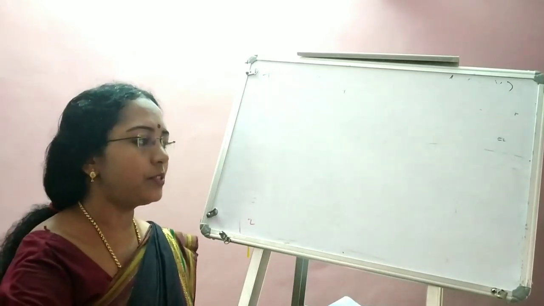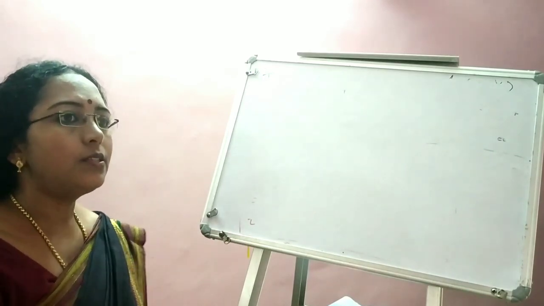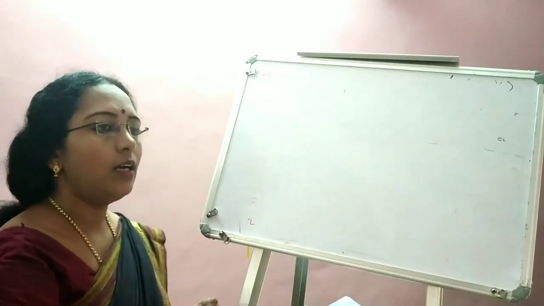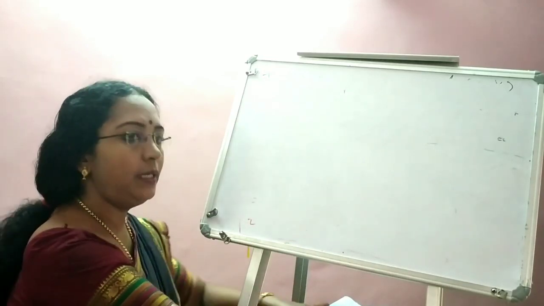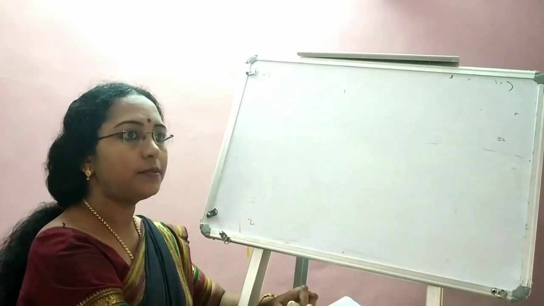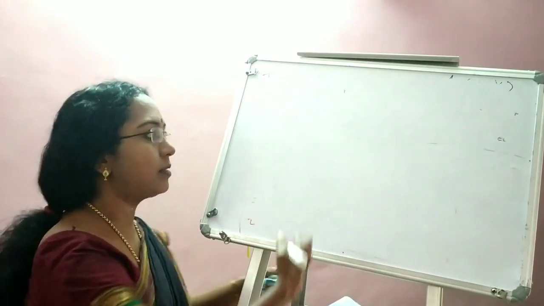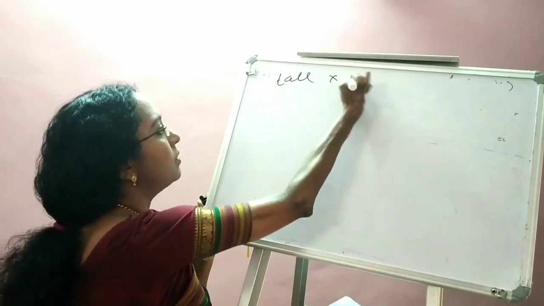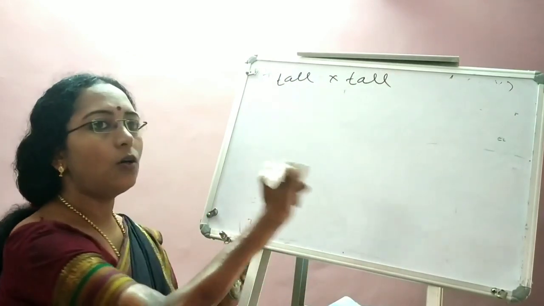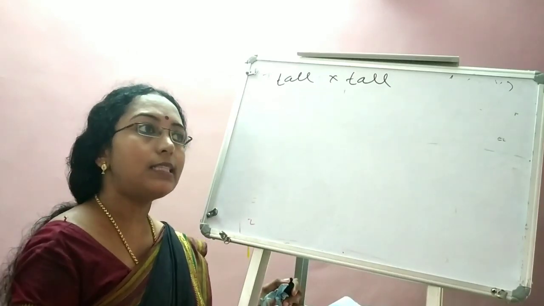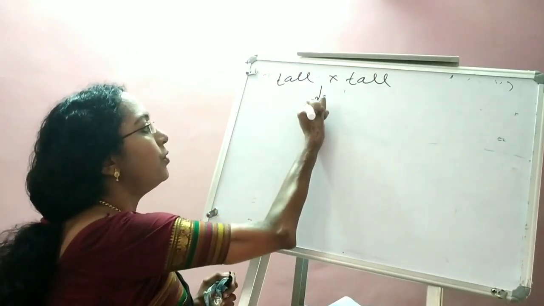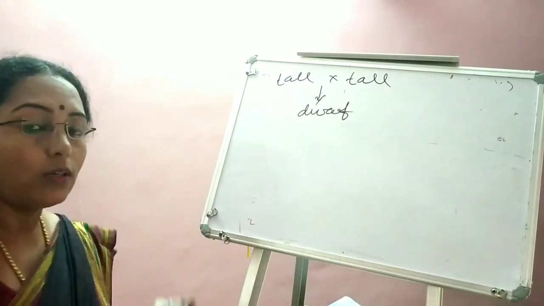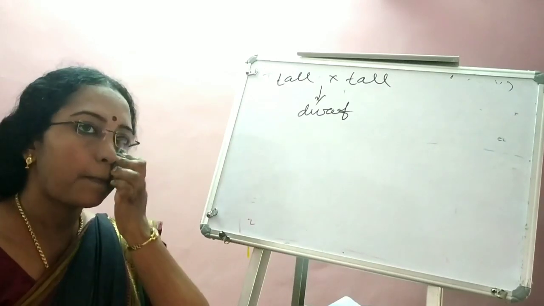Now multiple choice questions, as I have promised. You see, a question is given: a cross between tall plants, a tall plant crossed with a tall plant, resulted in a few dwarf offspring, not all, a few dwarf offspring.